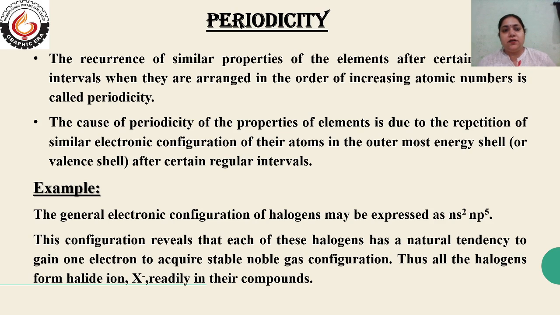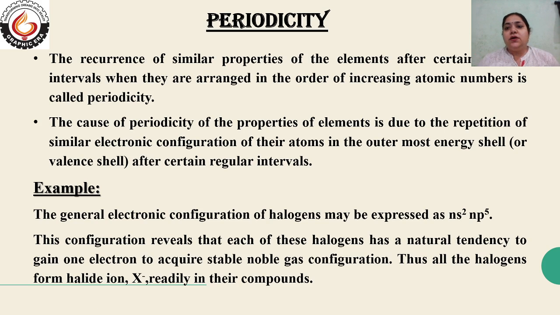So let's start. First is periodicity. We have already discussed this term in our previous lectures. Periodicity is the recurrence of similar properties of the elements after certain regular intervals, when they are arranged in the order of increasing atomic number.